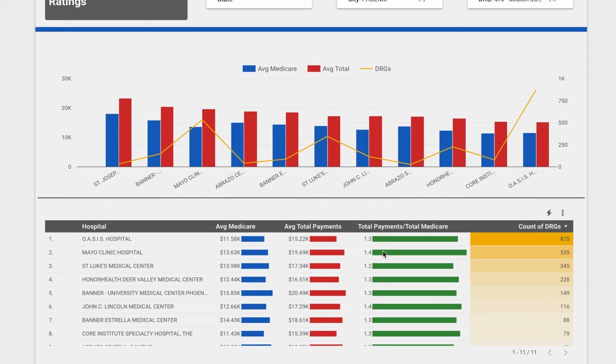Again, Medicare pays about 2 times less than what commercial insurance pays, but since it's included in this number and this number, it's going to show you a lesser number. But you can see across these that in this example the total payment is higher for Mayo than it is for, say, St. Luke's. St. Luke's is going to be less expensive based on the numbers we have here in these caseloads.